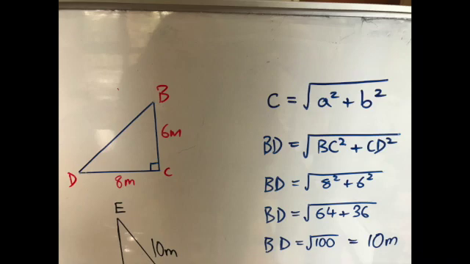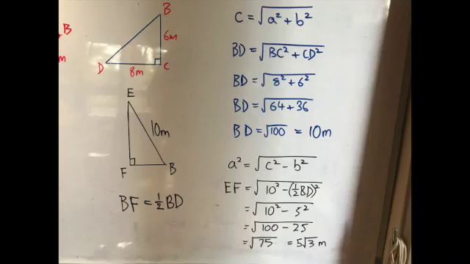Go through my working and find the answer, just like in 5.2. Then I can put in half of BD into the second triangle. So half of BD is the length FB. And from there, go through my working again and find the final answer.